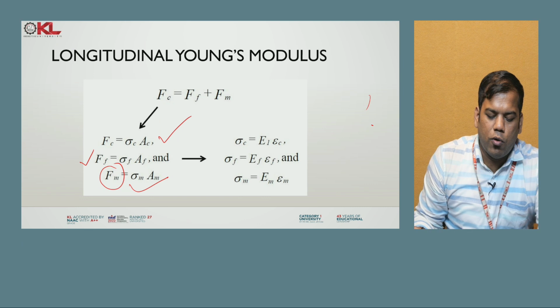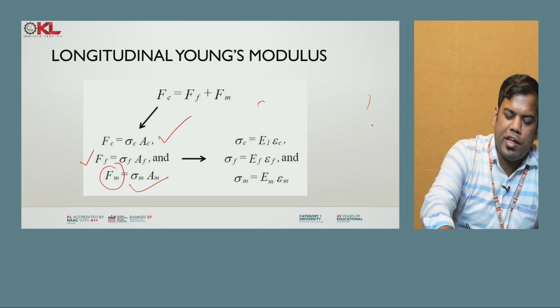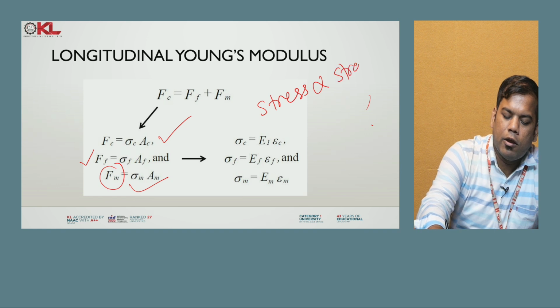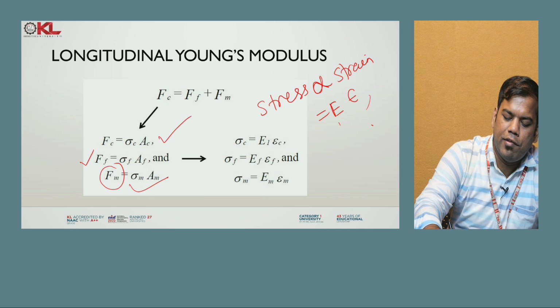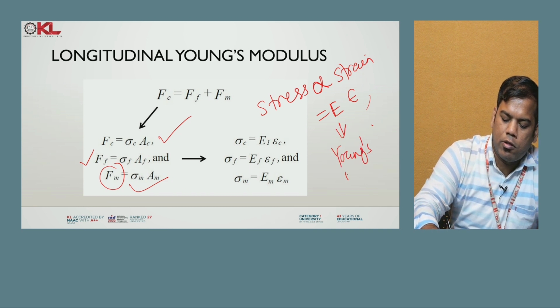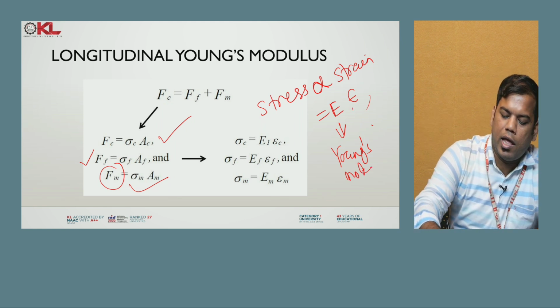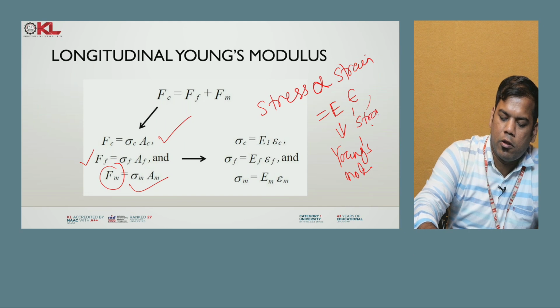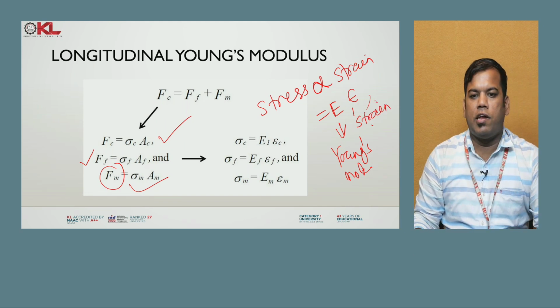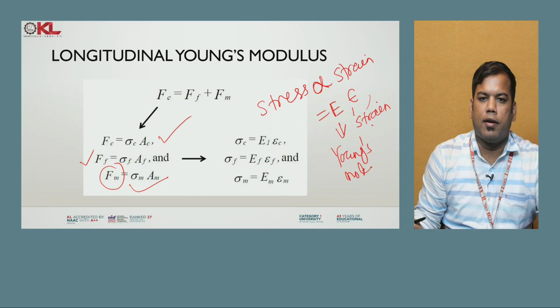As we know, stress is directly proportional to strain. With this proportionality, it will be E into epsilon, where E is Young's modulus, or elastic modulus, and epsilon is strain. If a longitudinal stress is acting, it will produce linear strain.